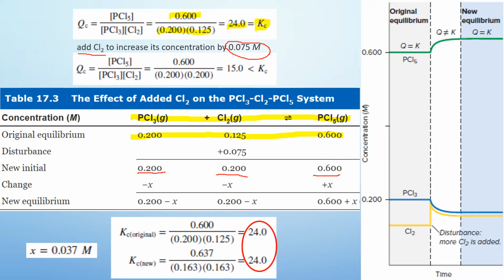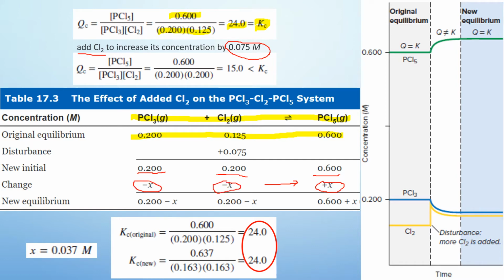But due to this disturbance, we know that there's going to be a net reaction going on, and we know the direction of it because we're adding the reactant. So the net reaction is going to proceed to the right. You will generate some more product by consuming some of the reactants.